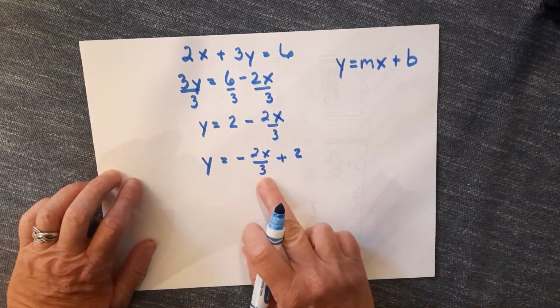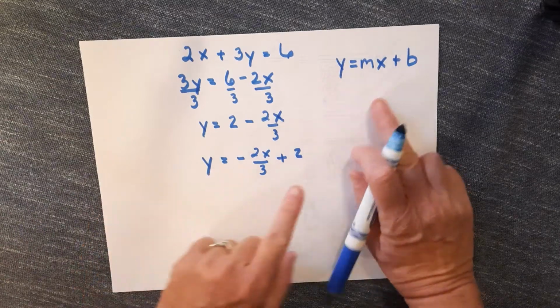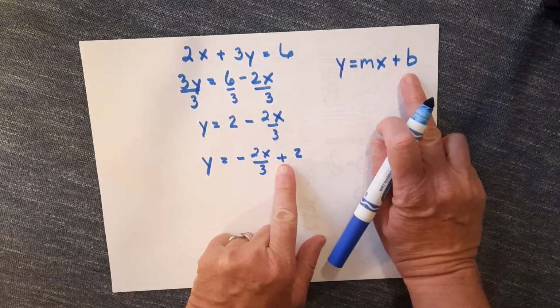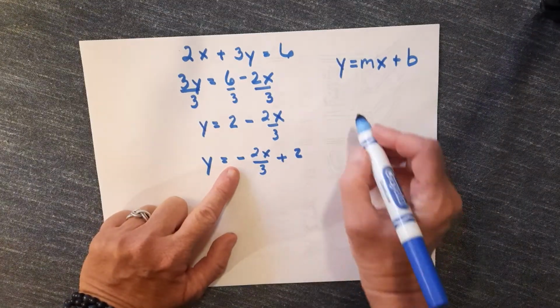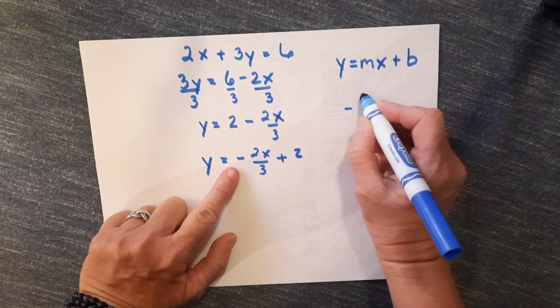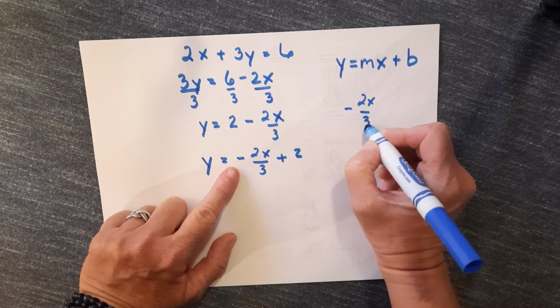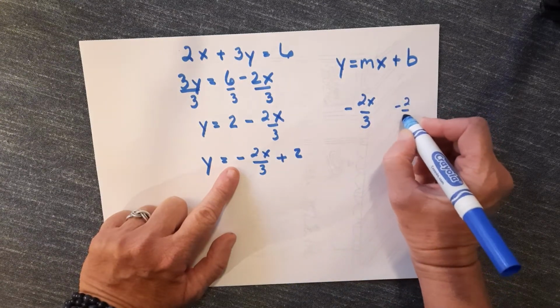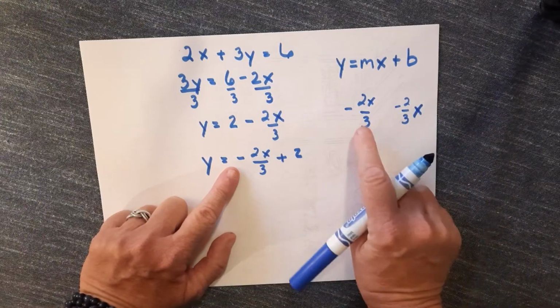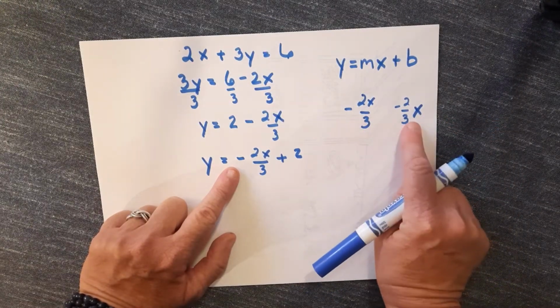Now we're close. We have the y by itself. We have our y-intercept clear, but our slope isn't quite clear. We have to remember that minus 2x over 3 is the same thing as a negative 2/3 times x. These two expressions mean the same thing.